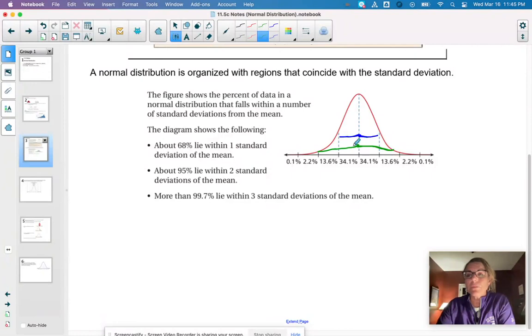The green line is 2 standard deviations to the left, 2 to the right. That coincides with about 95% of the data. And then 3 standard deviations away from the mean accounts for about 99.7% of the data.